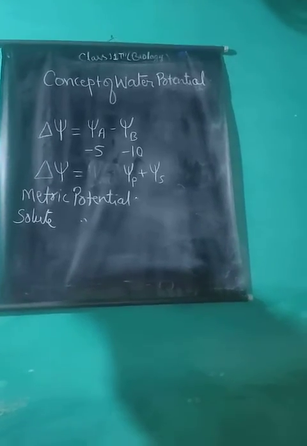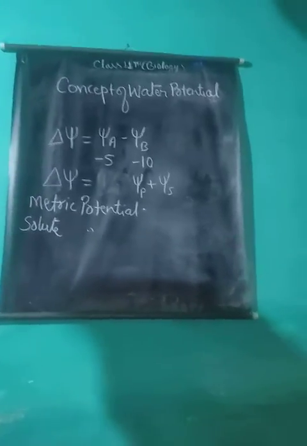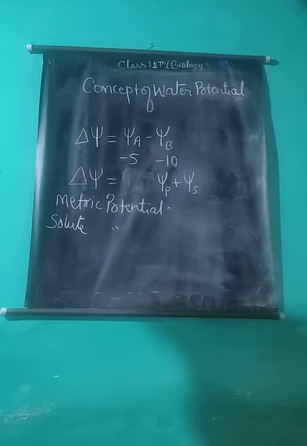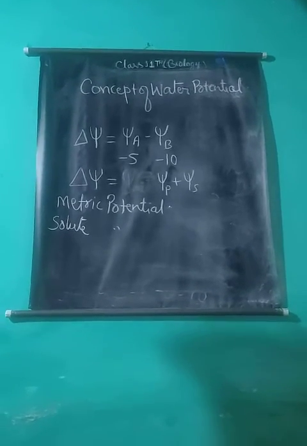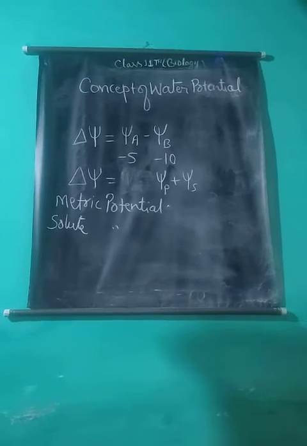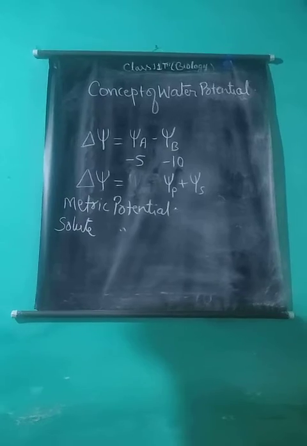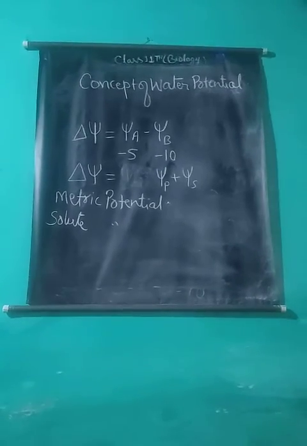Presence of solute in water reduces the value of water potential, and the reduction in water potential is directly proportional to the amount of solute present in water. Since the water potential of pure water is 0, the value of solute potential or osmotic potential is always negative, meaning less than 0.